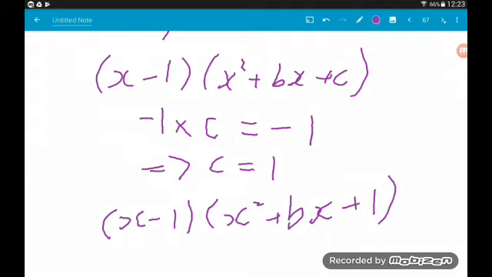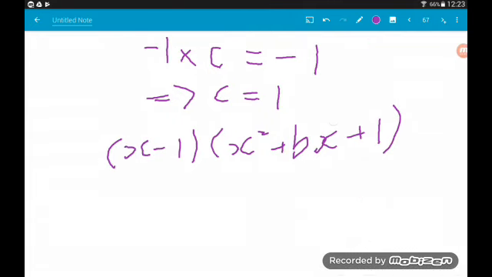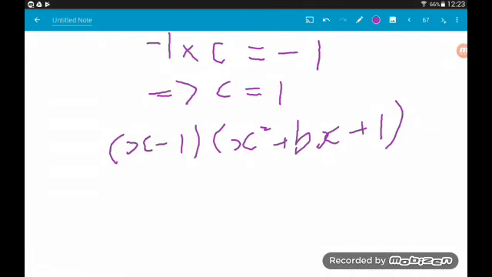So now we just need to find the value of b. How can we do this? Well, we can either find what x squared term we would get when we multiply out these brackets, or we could find what x term we would get. I'm going to go for x squareds. In terms of x squared terms, we're going to get x times bx, and we're also going to get x squared times minus 1.